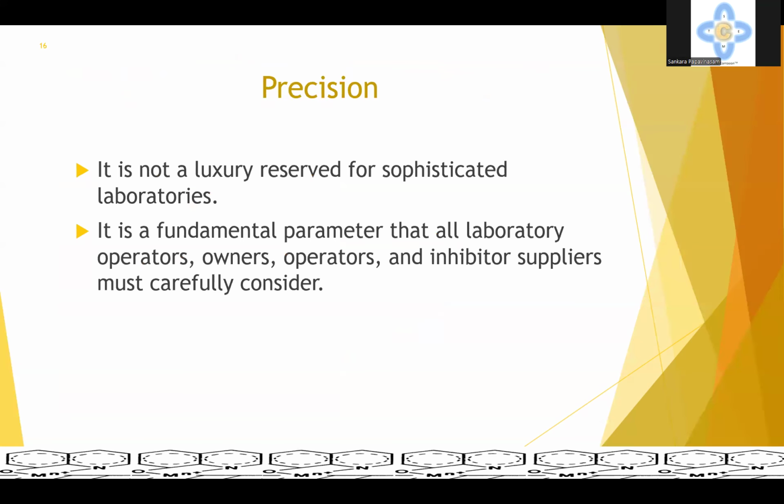To sum up in this webinar, developing a standard test method with known precision is not a luxury reserved for sophisticated laboratories. It is a fundamental parameter that all laboratory operators, owners, operators, and inhibitor suppliers must carefully consider. That is the message from this webinar series.